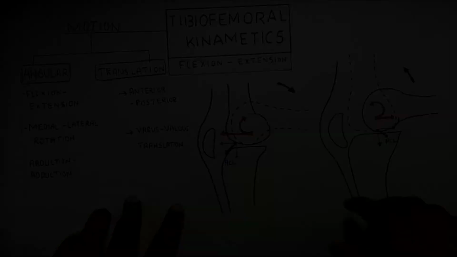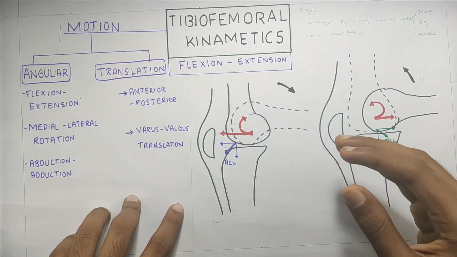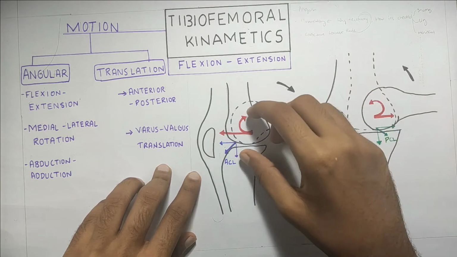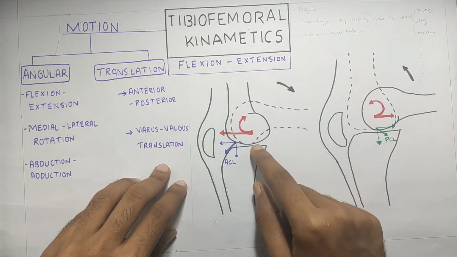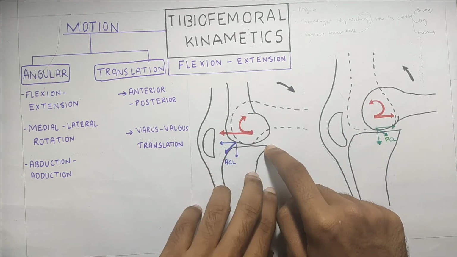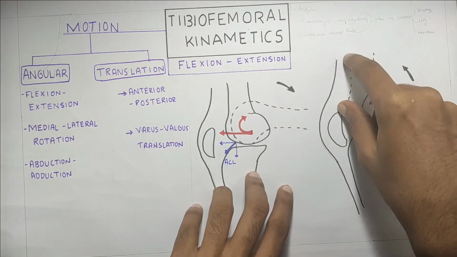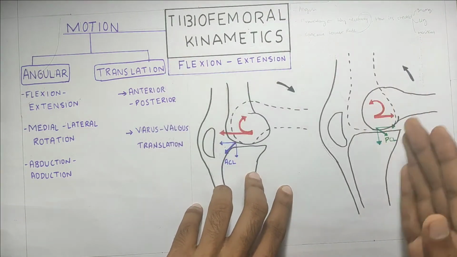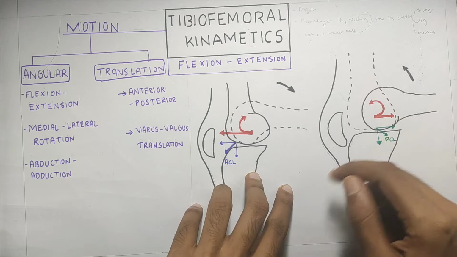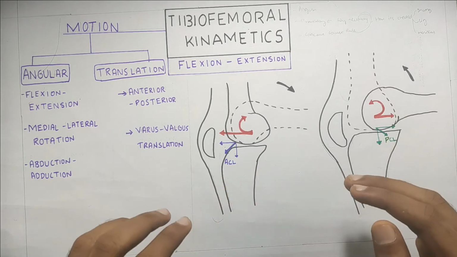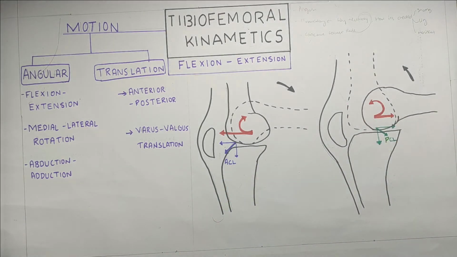The PCL ligament also helps the femur in the same way during extension. When it moves anteriorly, it might fall off from the front, hence the PCL pulls it posteriorly and maintains the femur's contact with the tibia.